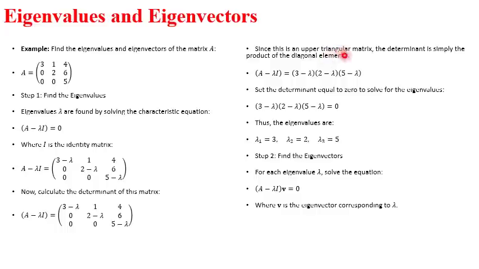For the upper triangular matrix, when you see an upper triangular matrix, just know that the determinant is the product of the diagonal elements, and this gives us the determinant of the matrix. So then we set the determinant equal to 0 to solve for the eigenvalues.